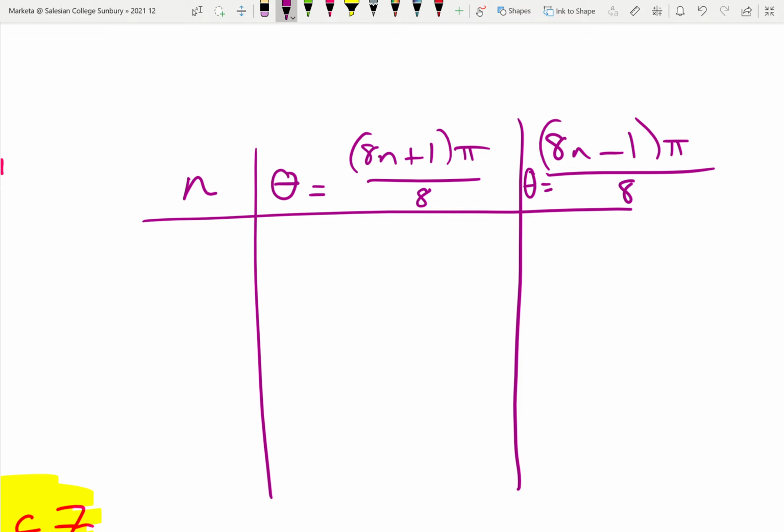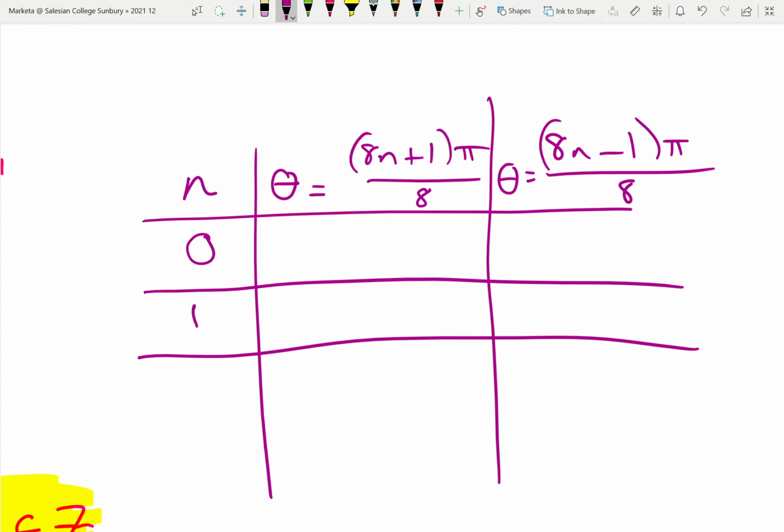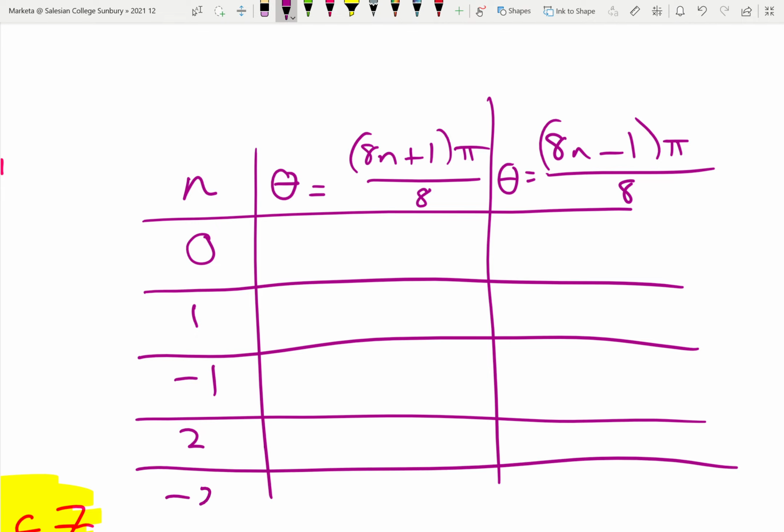So these are my two general solutions for theta, and now I'm going to apply them by subbing in values of n. So 0, 1, neg 1, 2, and neg 2. And look, I'm going to do all of those, even though some of them will be outside the domain, just so you can get the hang of how it will work.